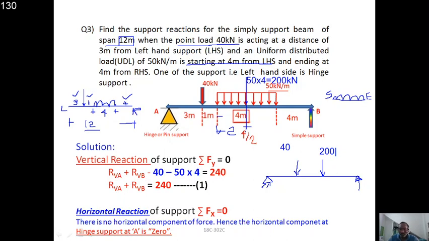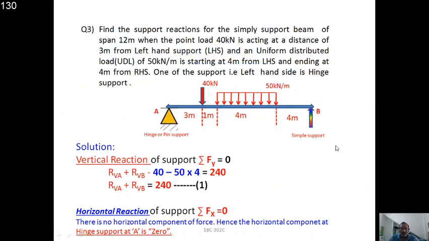If you want to keep the UDL as a UDL only, then the procedure will be as listed and shown in the slide. So you now understood that 50 into 4 is 200 only. Here I am considering sigma Fy equal to 0.